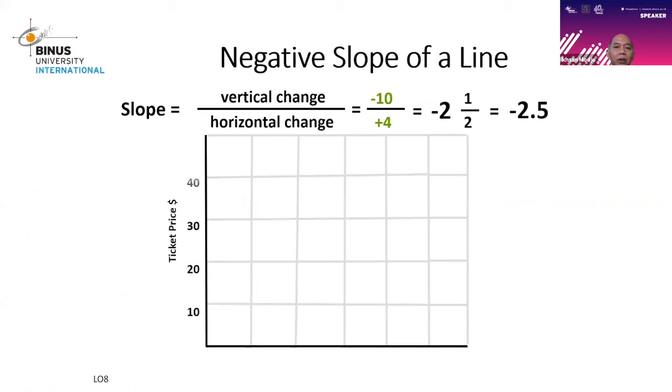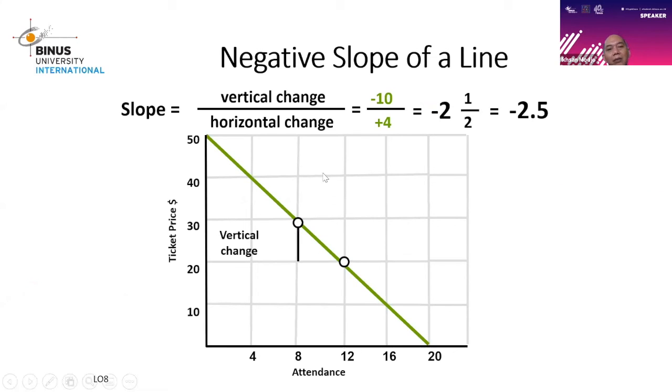Ya, jadi ini contoh for a negative slope of a line, and you can see directly when it has a shape like this, then it's basically an inverse relationship, and you can also calculate the slope.